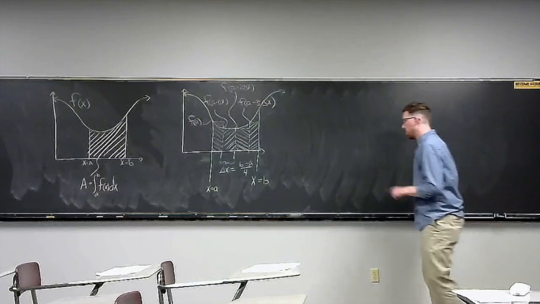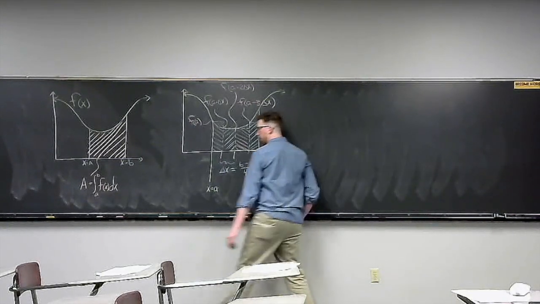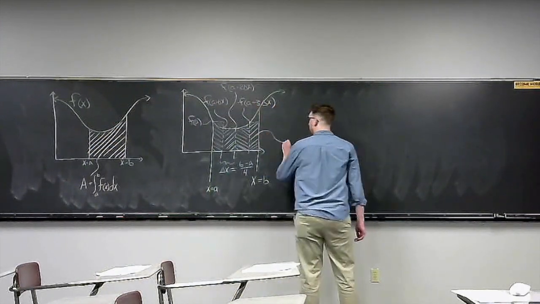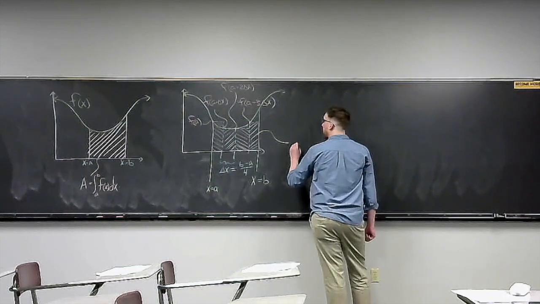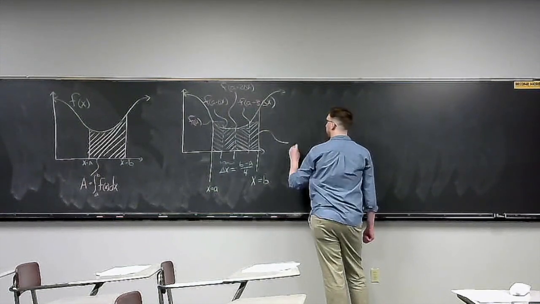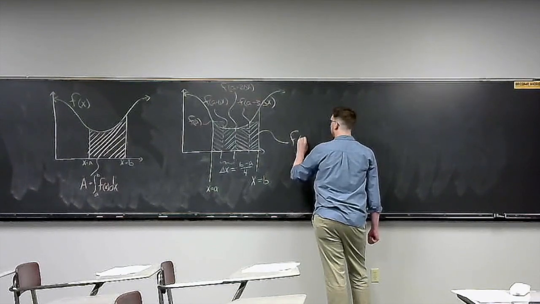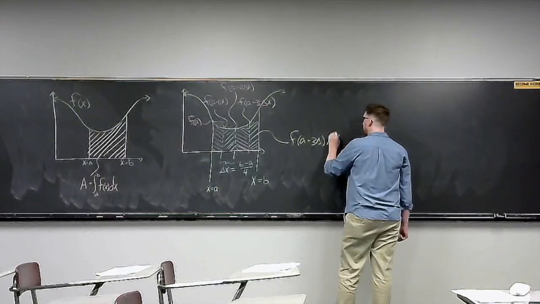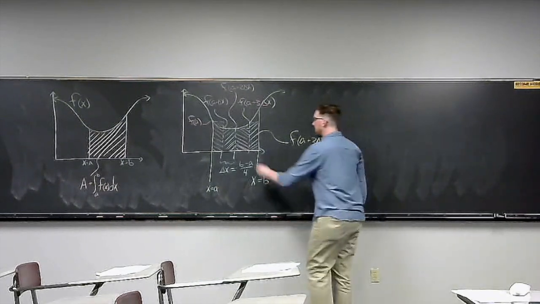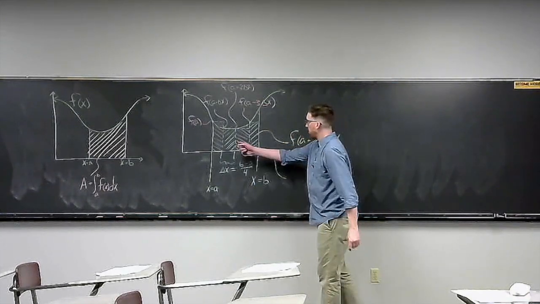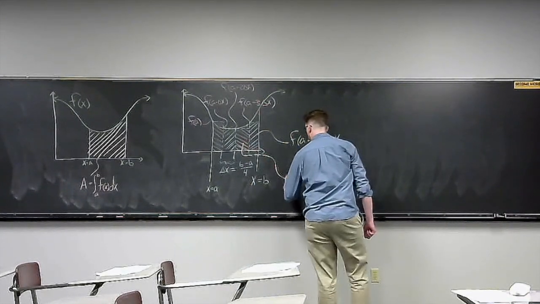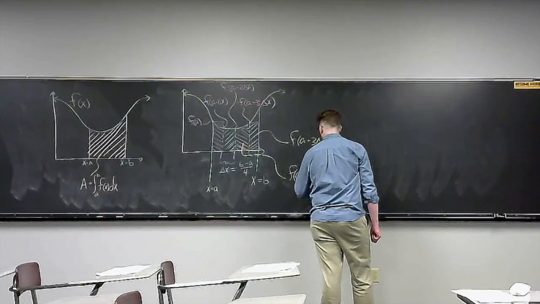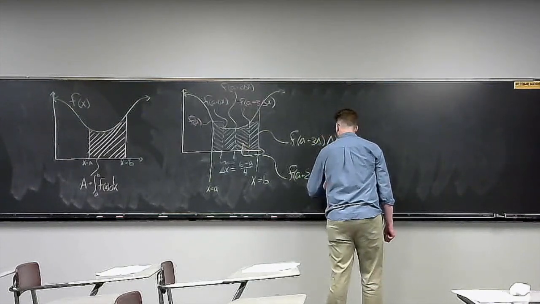Now, what we're going to do is take the area of each of these rectangles. This far right rectangle is going to have an area of, well, the height of the rectangle is f of a plus 3 delta x times the width of that rectangle, that's just delta x. The second to last rectangle has a height of f at a plus 2 delta x, that quantity times delta x.